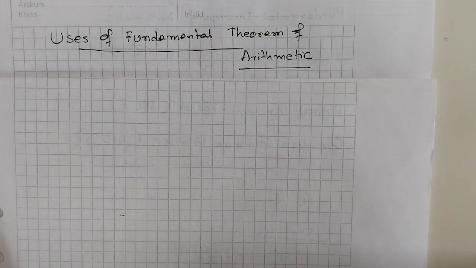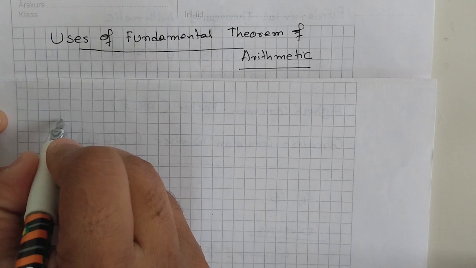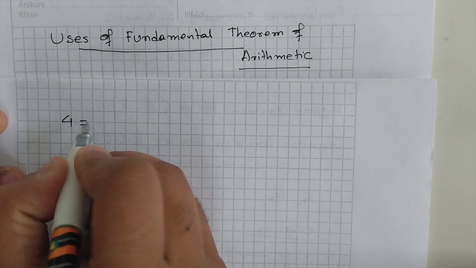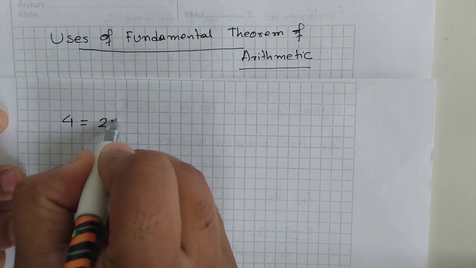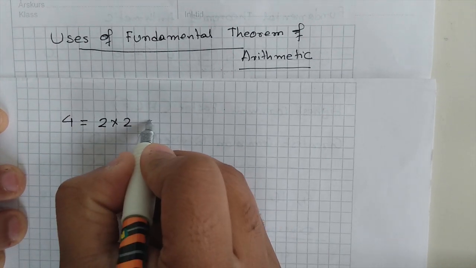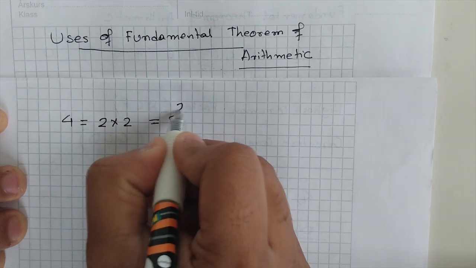Now how do we emulate the same example using the fundamental theorem of arithmetic? The number 4 can be broken down as 2 times 2, so we can write it as 2 squared.